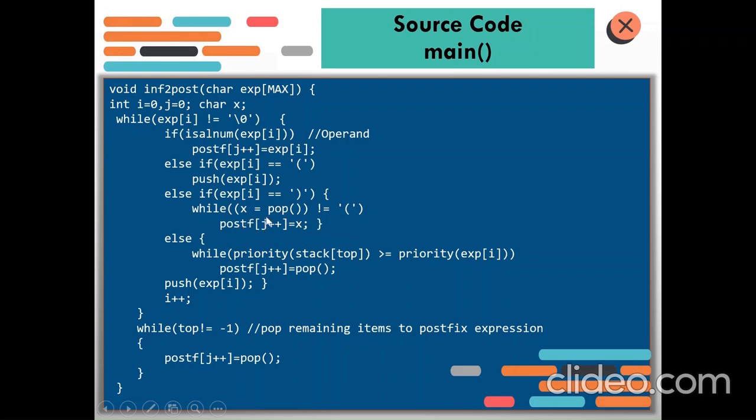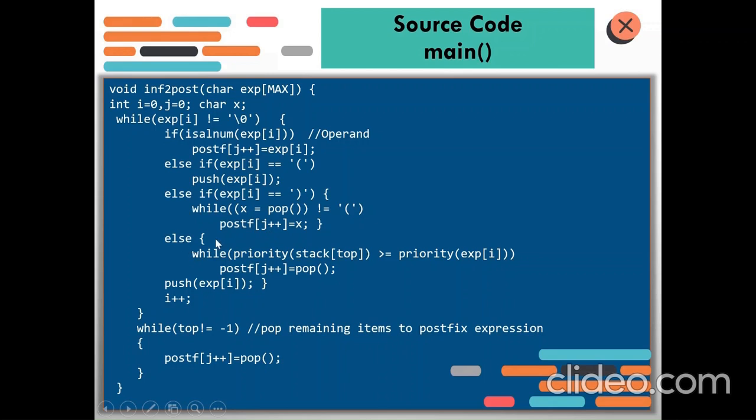This would be the case when the current input symbol is the closing bracket. As discussed in the previous slide also, we will be doing the pop operation until we encounter the opening bracket. Until then, this x which was popped from the stack would be inserted in the postfix expression.